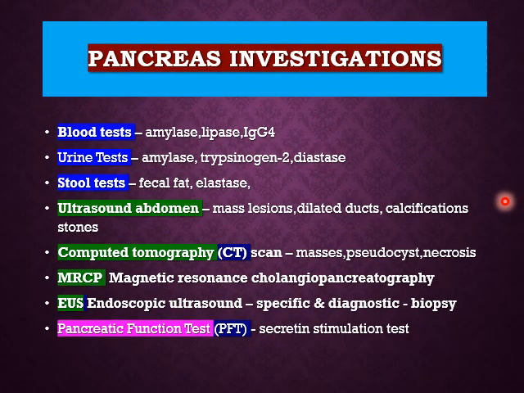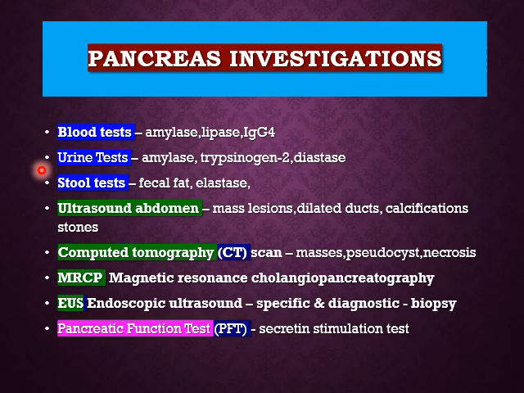Now, for pancreatic diseases, certain investigations are commonly done, which include the list listed here. Blood tests, especially serum amylase and lipase. Sometimes certain immunoglobulins can be done for immune diseases.